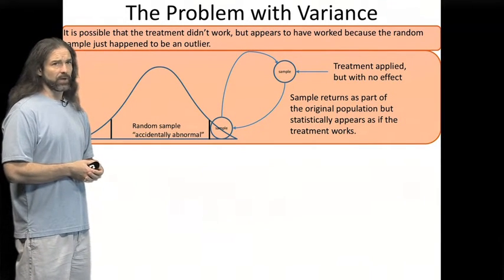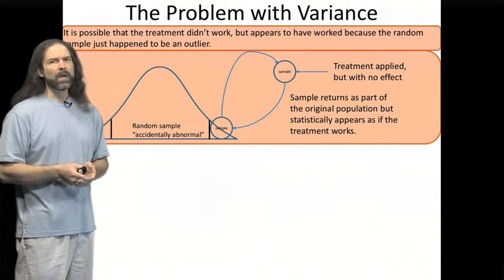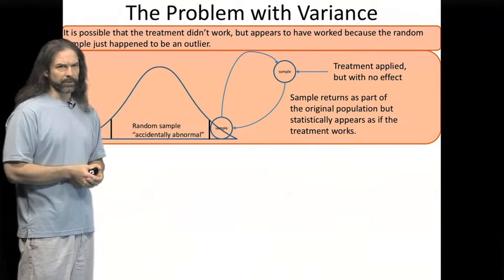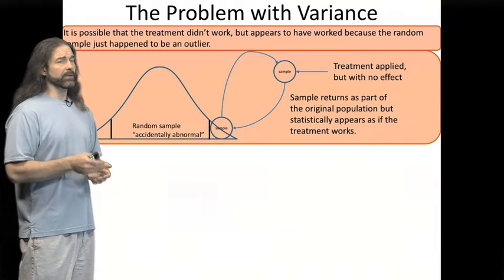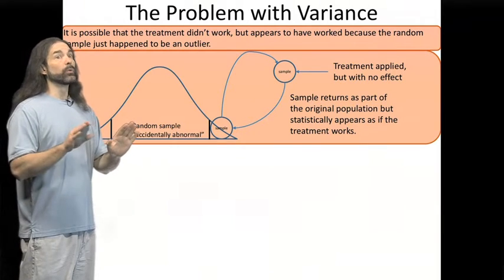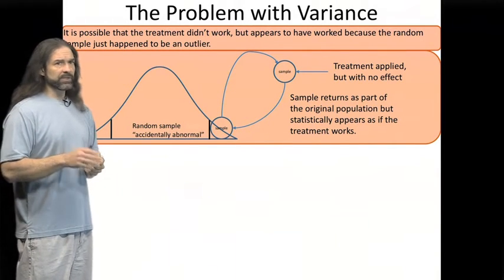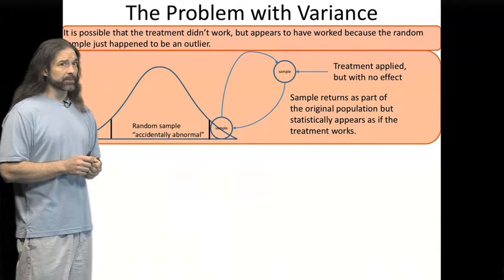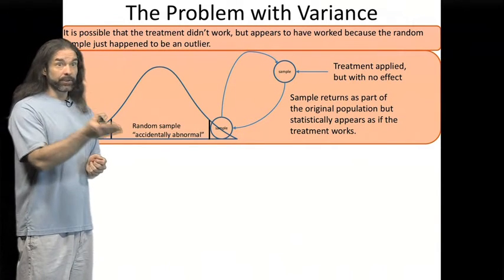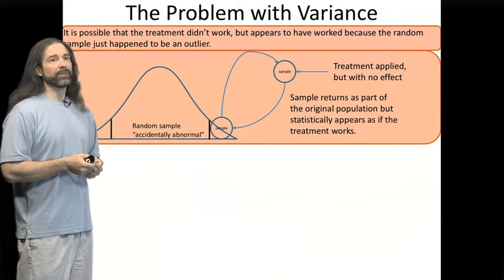We definitely don't want this to happen, because imagine a situation where you're testing, say, a cancer treatment. If the statistics tell us that the cancer treatment is working, but it's got very bad side effects, but in the real world it is doing nothing, what that means is it is not helping you at all with the cancer, but it is, in addition to the cancer, giving you the side effects that come with that medication.